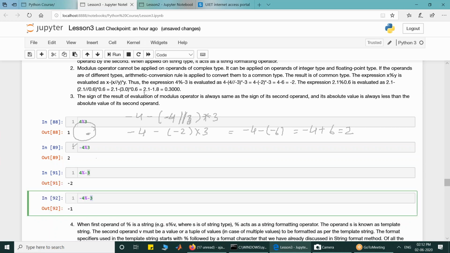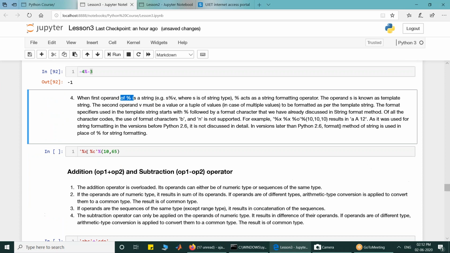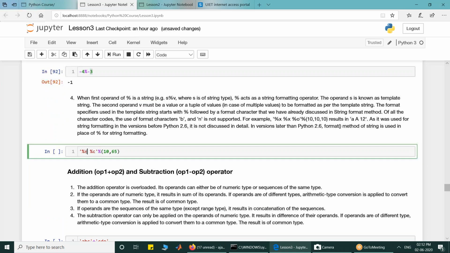So in the modulus operator, the sign of the result depends upon the sign of the second operand only. But in division, it depends upon both the operands. When it is used with a string, it acts as the string formatting operator. And all those type characters that we have discussed with our format operator, like x is for hexadecimal, c is for character, we can use.